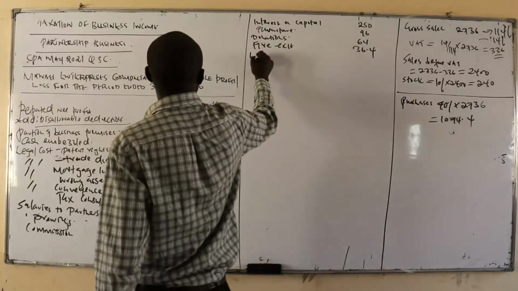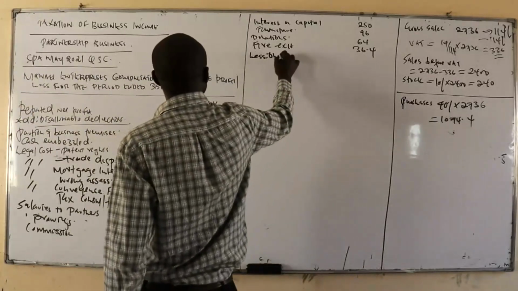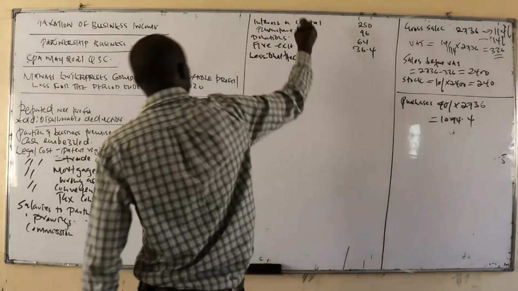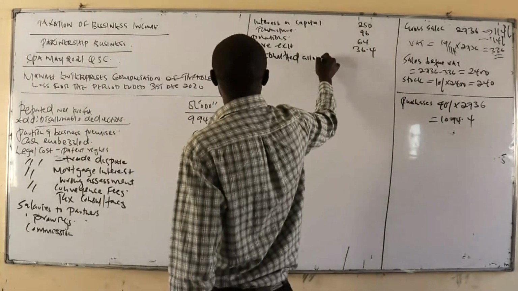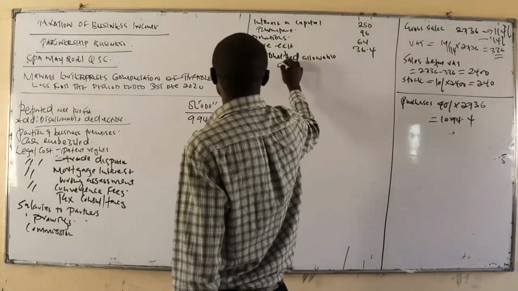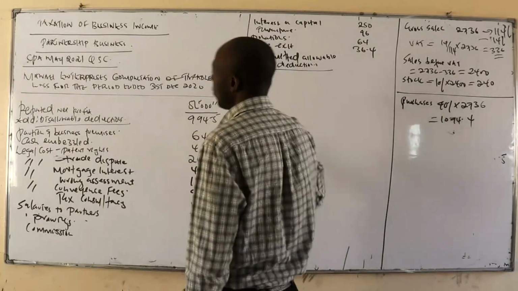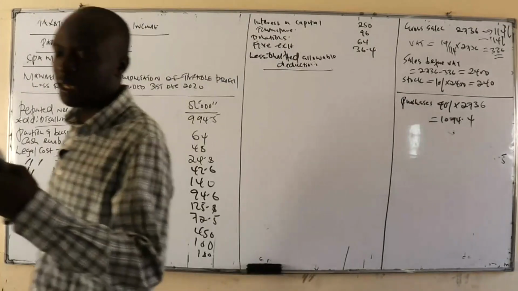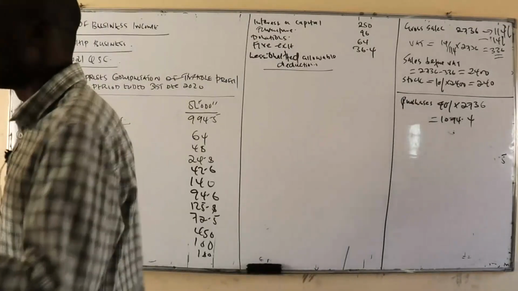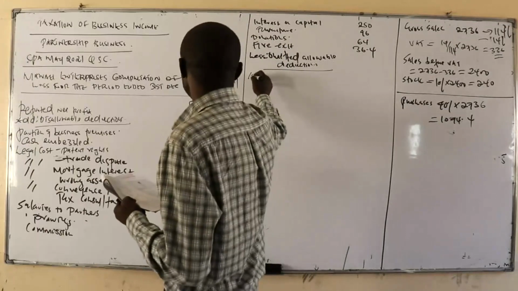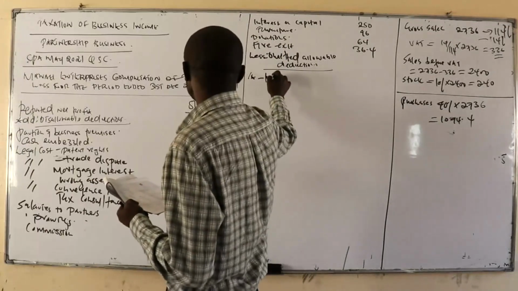So we go to less omitted allowable deductions. So which are these deductions? The first one will be the investment allowances on furniture.